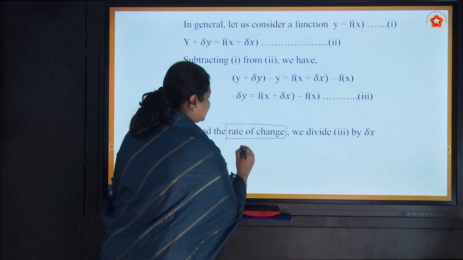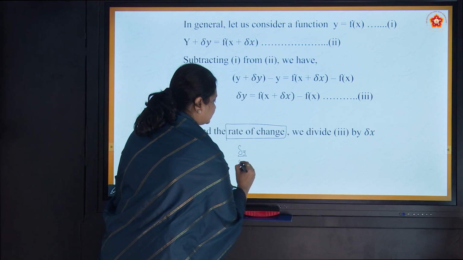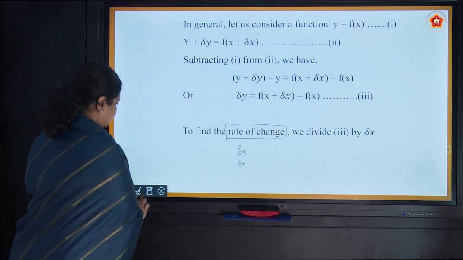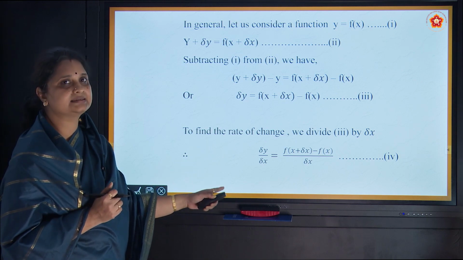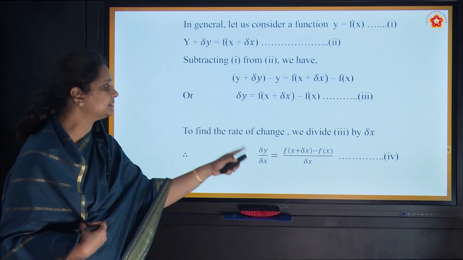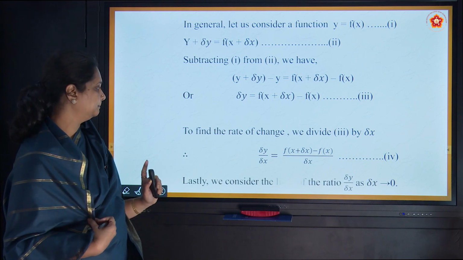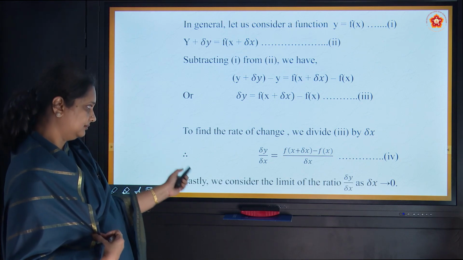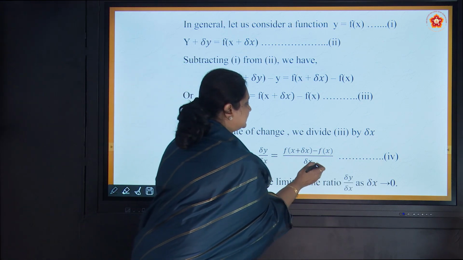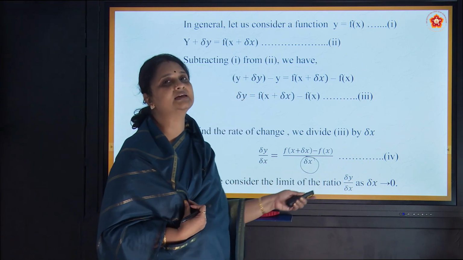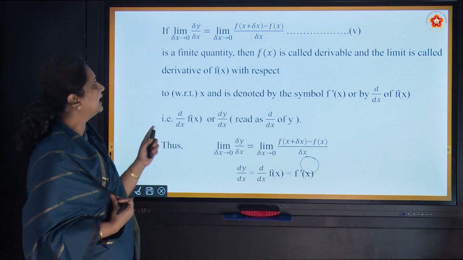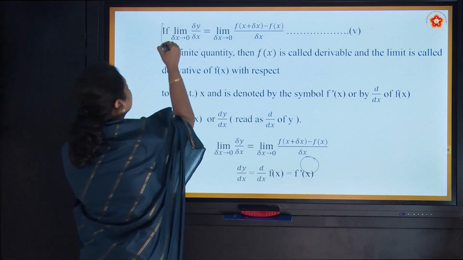We have to divide del y by del x because we are dealing with the ratio. Del y by del x is equal to f of x plus del x minus f of x by del x. This becomes the differentiation only when del x is very, very small. So we are tending it to 0 and we arrive at this relation.